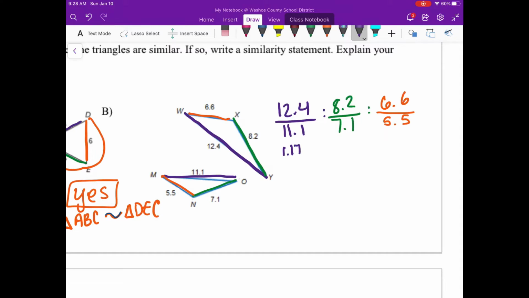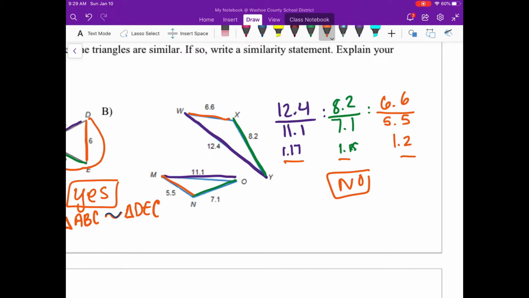Okay, so when I put these in the calculator, when I put 12.4 over 11.1, I get 1.17. When I do 8.2 over 7.1, I get, I think it's 1.15. And then for this one, I get 1.2, or maybe it's 1.25. Anyway, we're trying to get you to see that these are not going to be the same ratio.